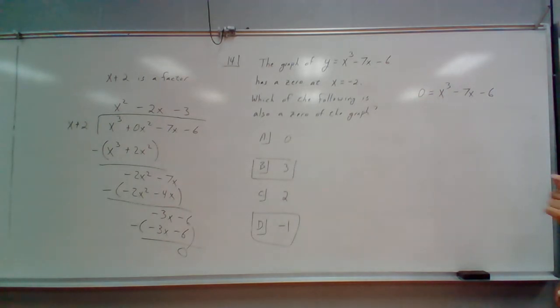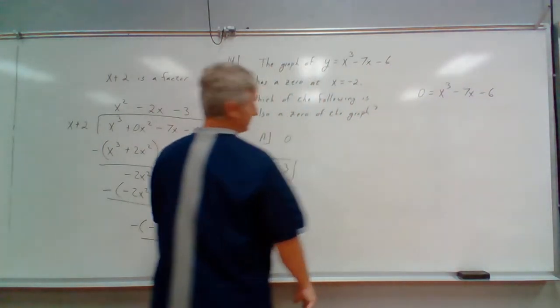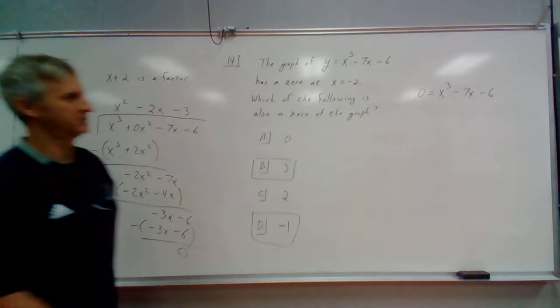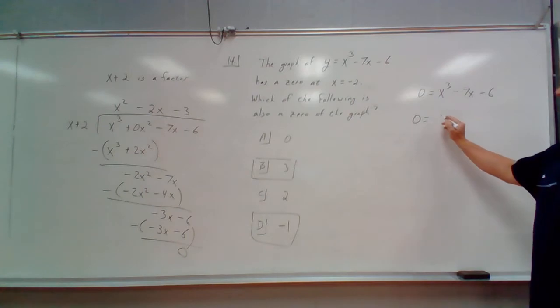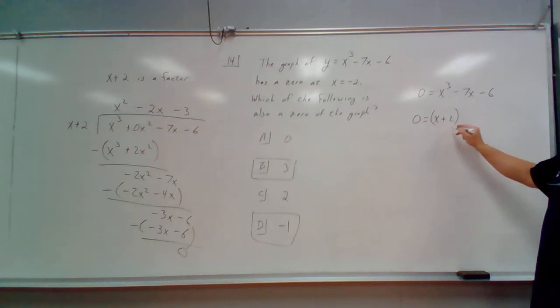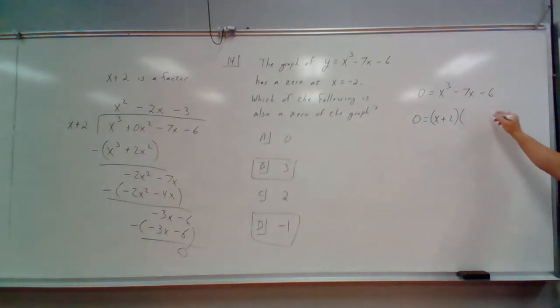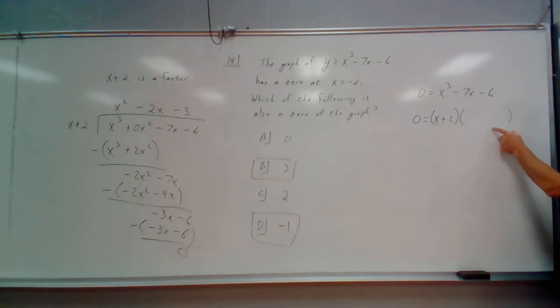All right, we know that one of the roots is x equals negative 2. So we know that x plus 2 is a factor. So this is going to factor as x plus 2 times some other polynomial.